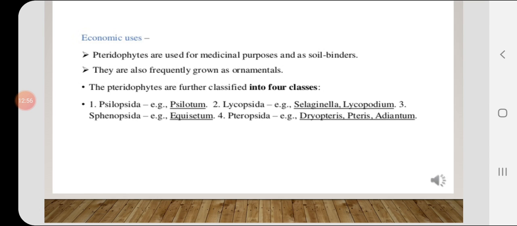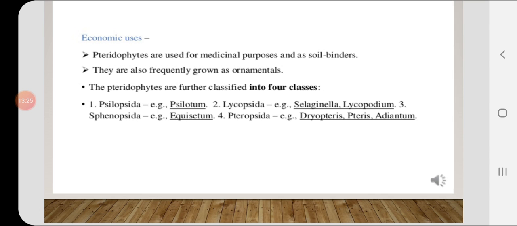Moving to the last topic, classification of pteridophytes. Pteridophytes are classified into four types: Psilopsida, Lycopsida, Sphenopsida and Pteropsida. The example for Psilopsida is Psilotum, for Lycopsida Selaginella and Lycopodium, and for Sphenopsida Equisetum.